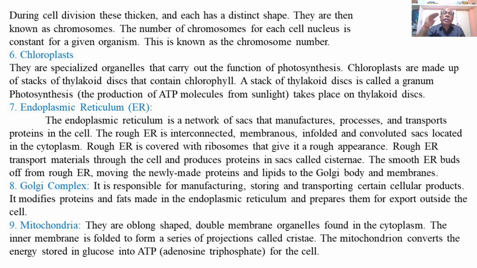So the endoplasmic reticulum is a network of sacs having interlamellar spaces enclosing the secretory products, the proteins produced by the endoplasmic reticulum itself. The rough endoplasmic reticulum is interconnected.